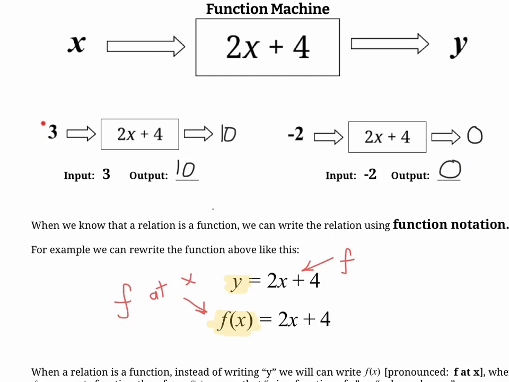So we input our x, and out comes a value. So f, the function f, is a function of x. It moves with x. If all of that has just confused you, the most important thing is that when a relation is a function, we are allowed to replace y with f at x.